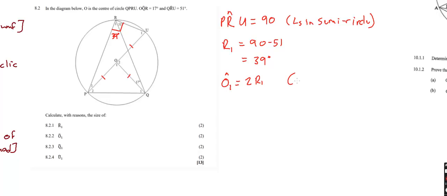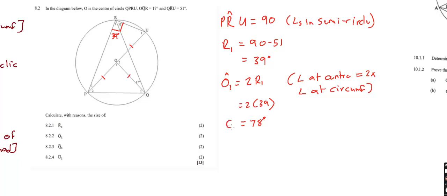So O1 is going to be 2 times R1, and the reason for that is angle at center equals 2 times angle at circumference. So this is going to be 2 times 39. 39, that's 18 plus 60, which should be 78 degrees.